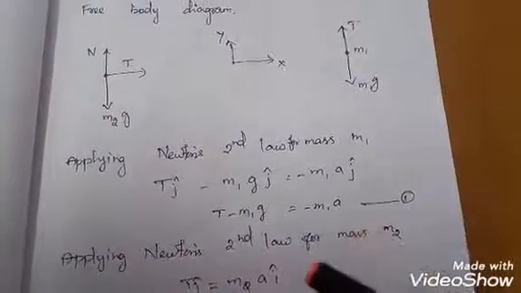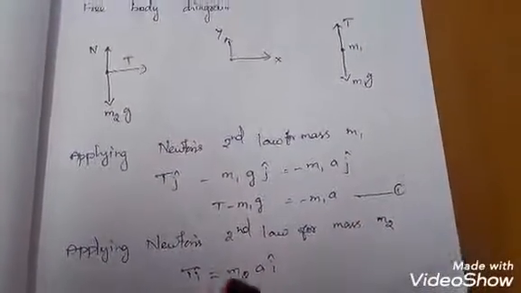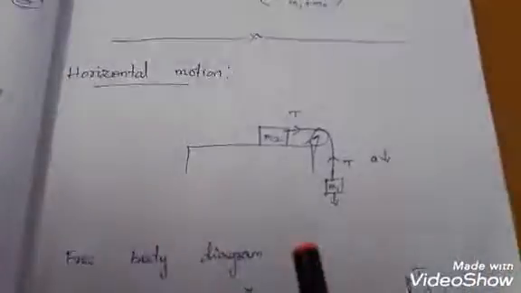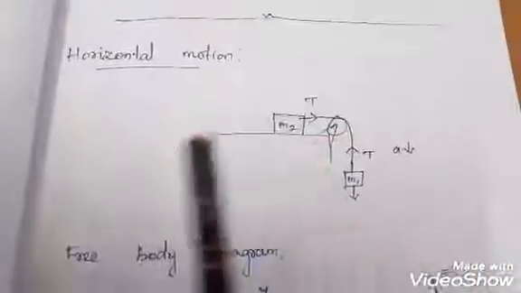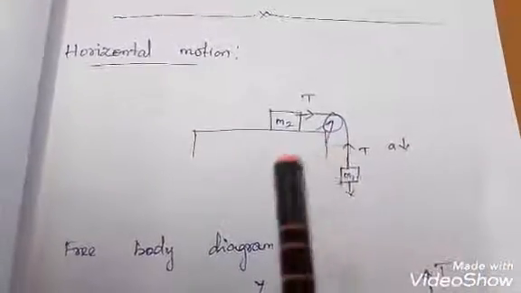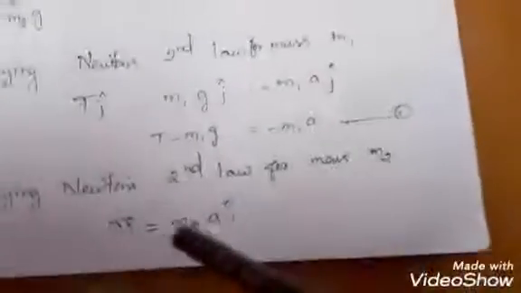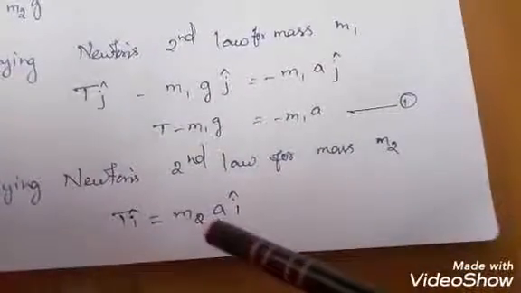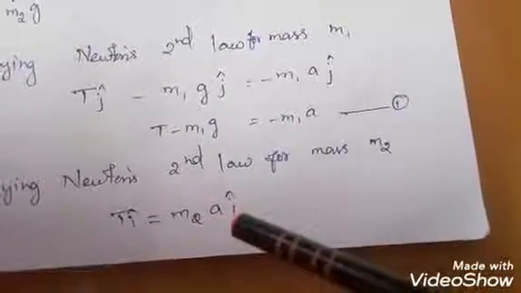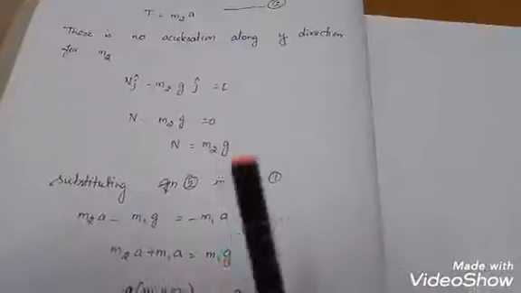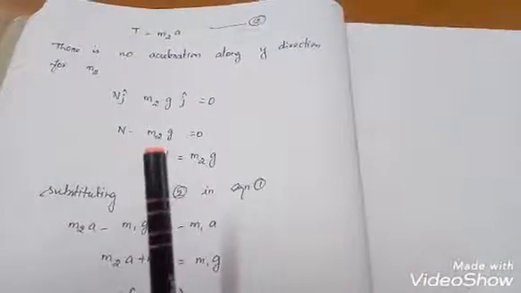Applying Newton's second law for mass m2, that is Ti. The i means the component is in the x direction, so we use the i component. So Ti equals m2a i cap. Here there is no acceleration in the y direction for mass m2.